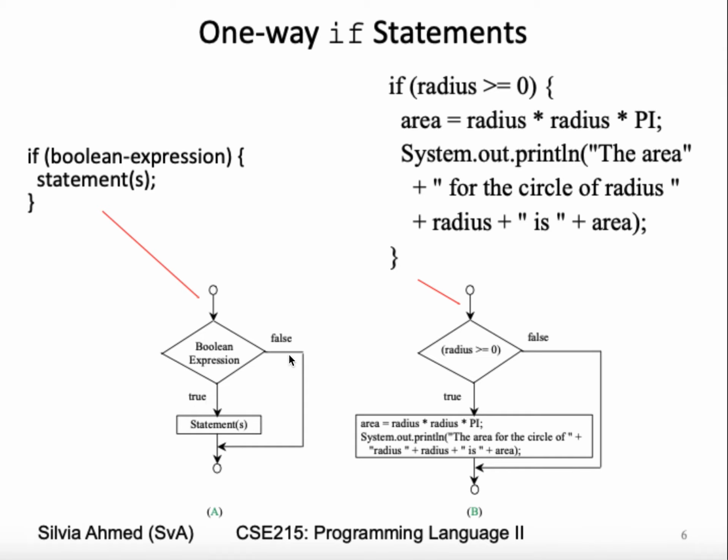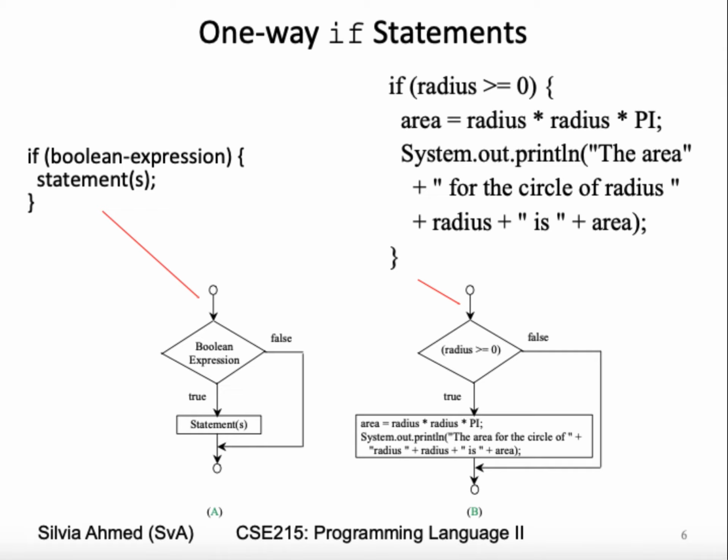If the result is false, we will completely ignore the statements and go to the next section. Similarly, here at the diamond shape we are comparing if radius is greater than or equal to 0. If true, we are calculating the area and giving the output. If it's false, we are completely avoiding it and going to the next part.